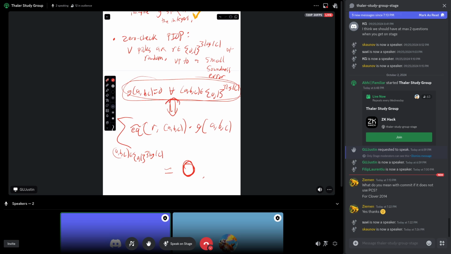At a very high conceptual level, without going into the details of a proof, even though the proof is not complicated, by fixing the first input to the equality polynomial to be this vector of random field elements chosen by the verifier, it's like taking a random linear combination of the evaluations of G over the hypercube, right? So roughly speaking, every evaluation of G over the hypercube is getting multiplied by something random.